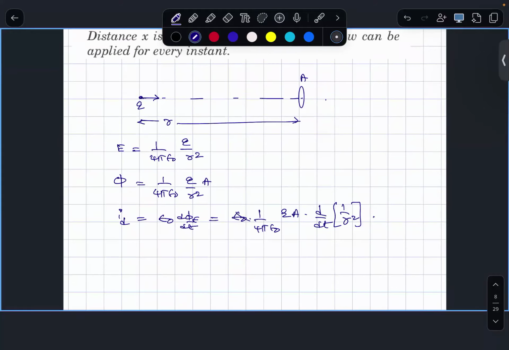So this can be written as q into A by 4 pi, minus 2 by r cube times dr by dt. So minus dr by dt, therefore qA by 2 pi r cube. That's the expression for displacement current.